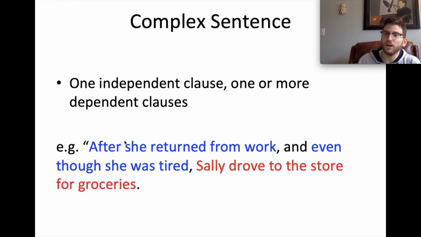As I said in that other video, every dependent clause begins with a subordinating conjunction. A subordinating conjunction sets up the syntax of the sentence so that it tells the reader, here's one thought, but it's going to need another thought to make it complete.